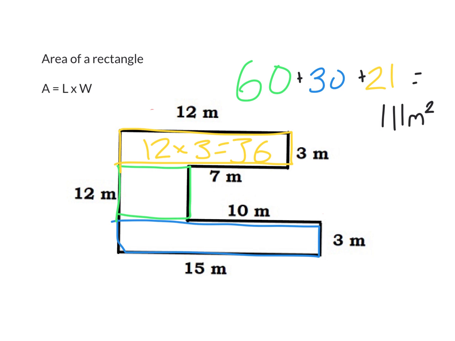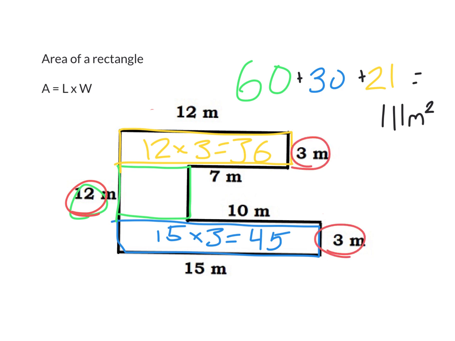Blue, I have 15 and 3. And then green, again, this 12 is not going to indicate because that's the full length. So I have a 12, and I have a 3 and a 3. So the 3 will be here and here, which means this is going to be a 6 left.